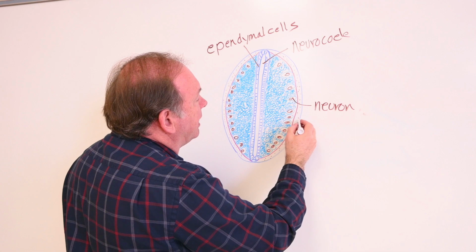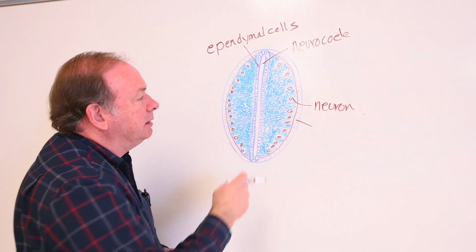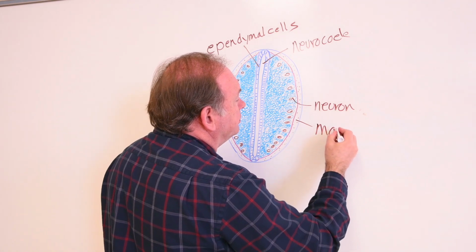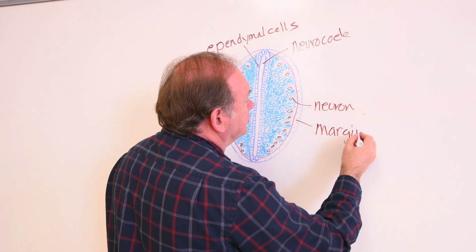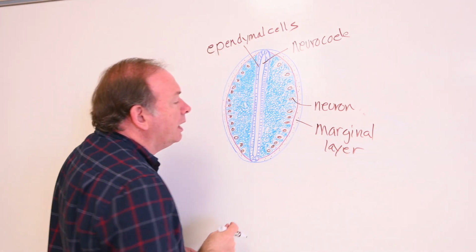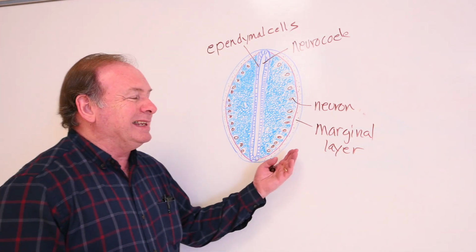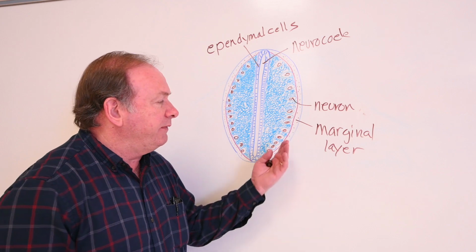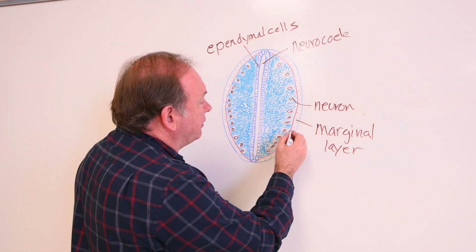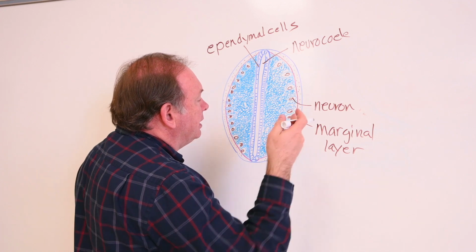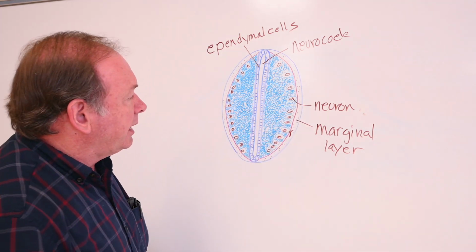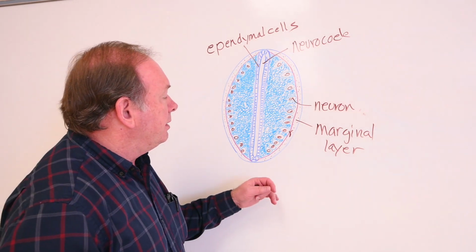Then finally we have a layer to the outside, we call the marginal layer, at this stage, and it contains the axon fibers from the neuron. So this neuron would have an axon fiber that would run out into here, and that fiber would either run up or down the spinal cord from that point.